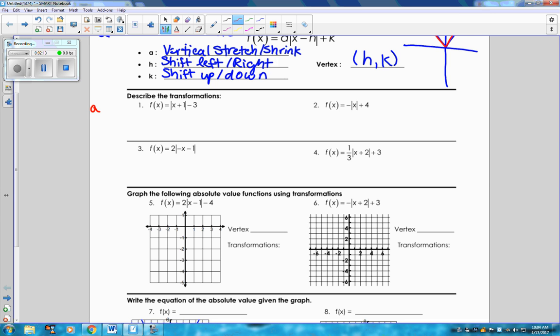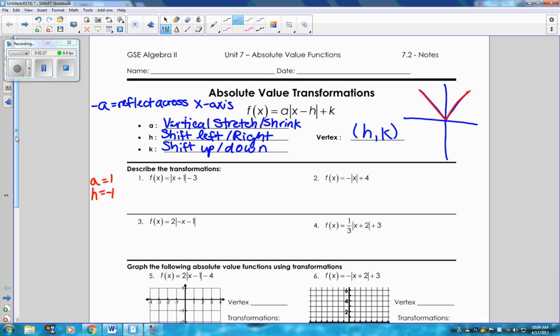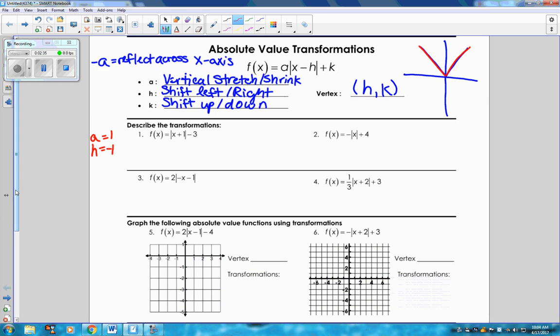A, in this case, is positive 1. H is negative 1, because the formula says x minus H, so H is not included with the negative. When I pull the H out, I take the opposite sign, which is negative 1.